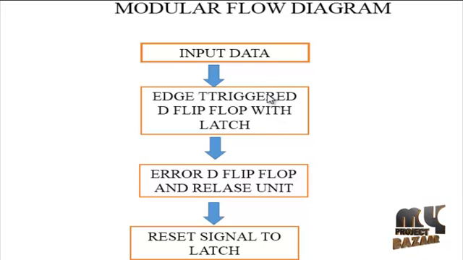After the processing of the edge-triggered T flip-flop, the output is fed into the error detection and correction flip-flop and release unit. In this unit, the error is detected and corrected. It consists of a pulse generator, XOR gates, AND gate arrangements and a register.